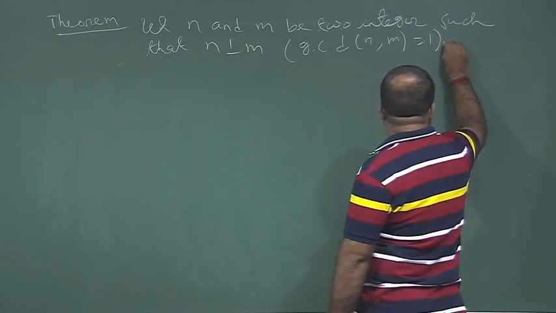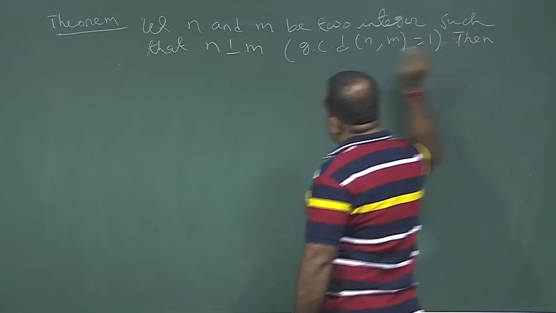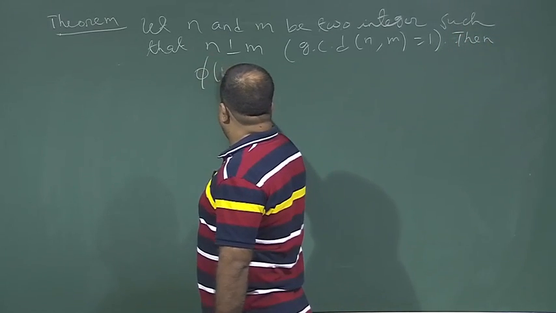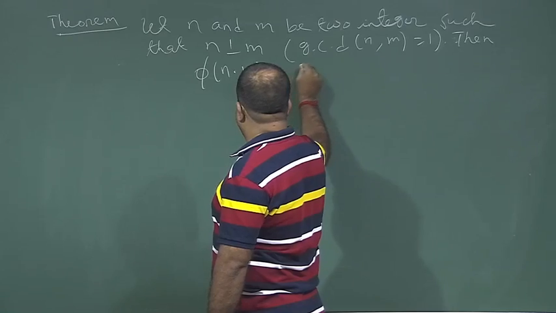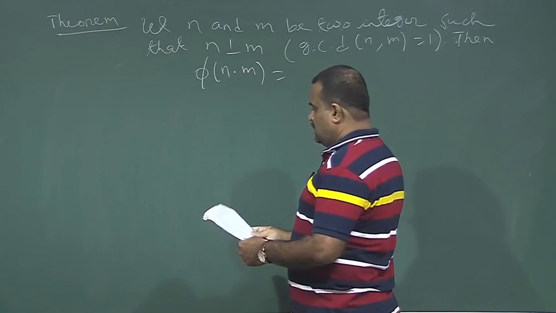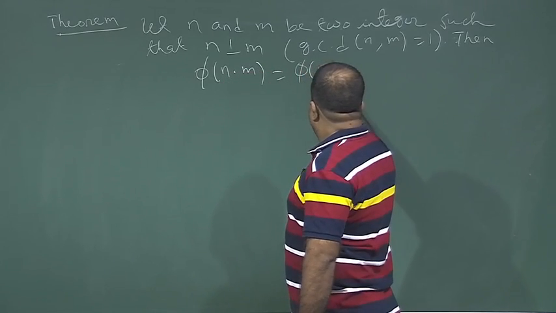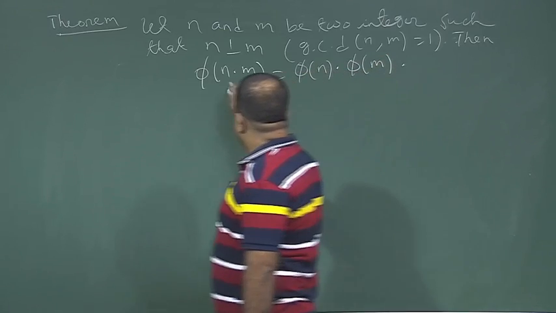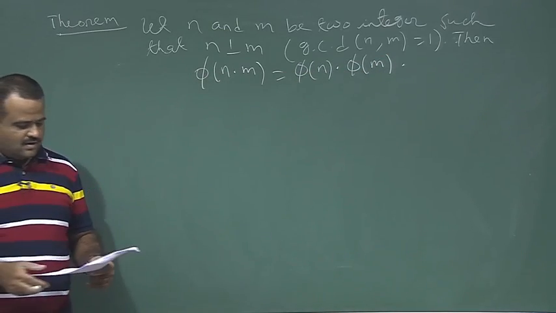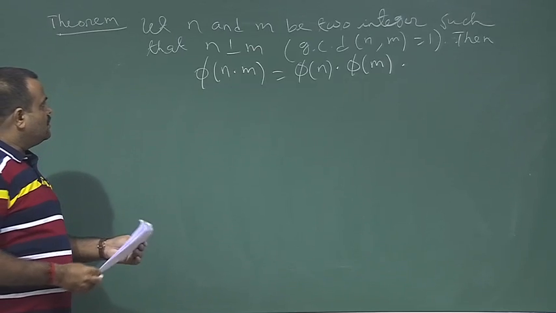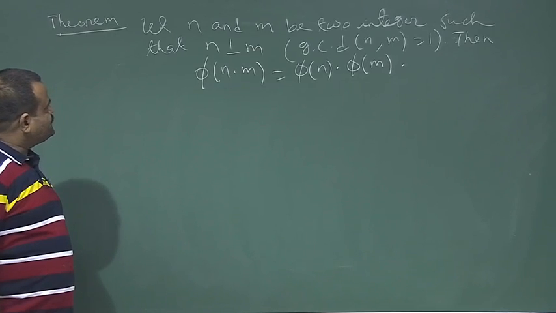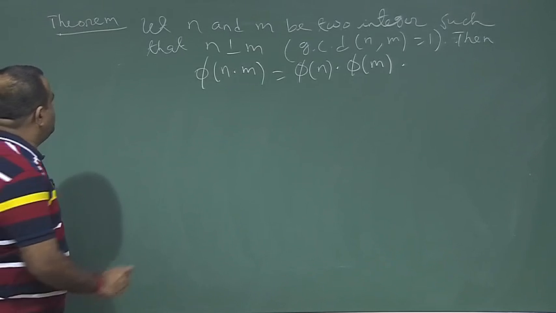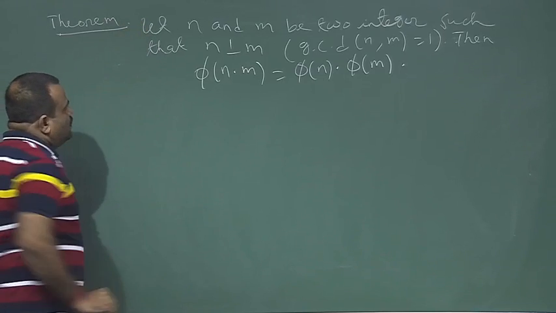Then phi of n into m is basically phi n into phi m. Phi of m into n is basically phi m into phi n. This is a theorem, and we have to prove it.